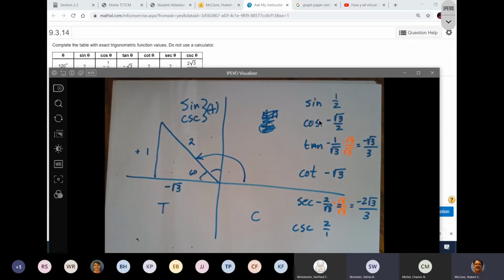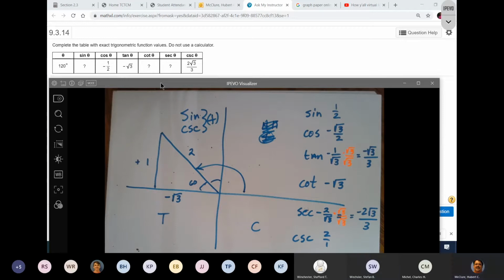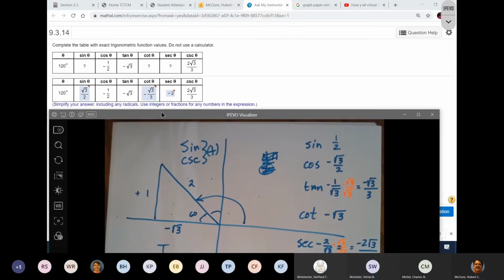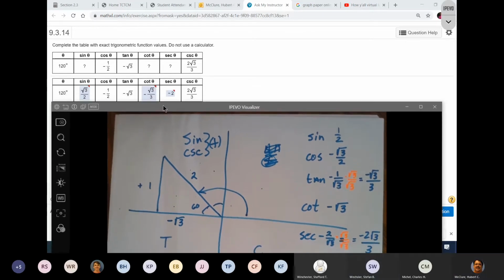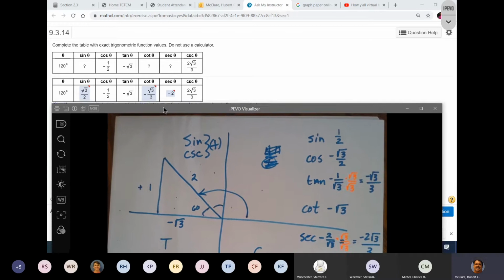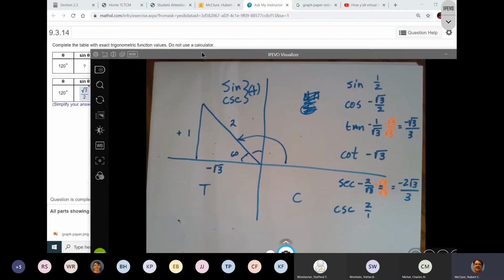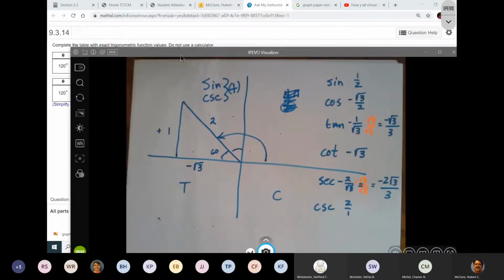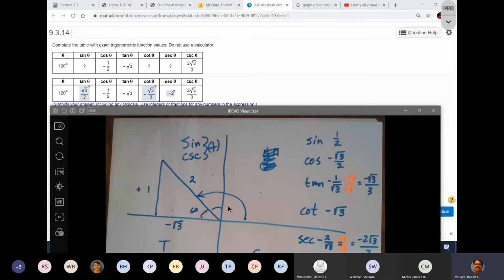Okay, okay, I must be... 120 degrees is 90 plus 30, right? So if this is 30, then this is 60.